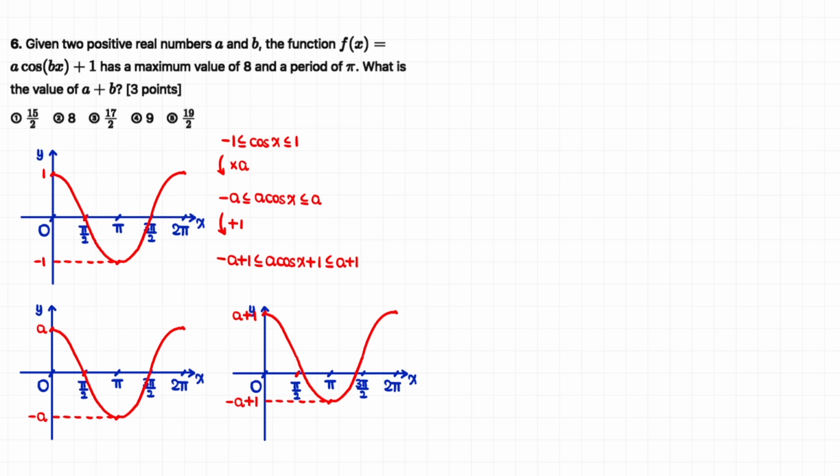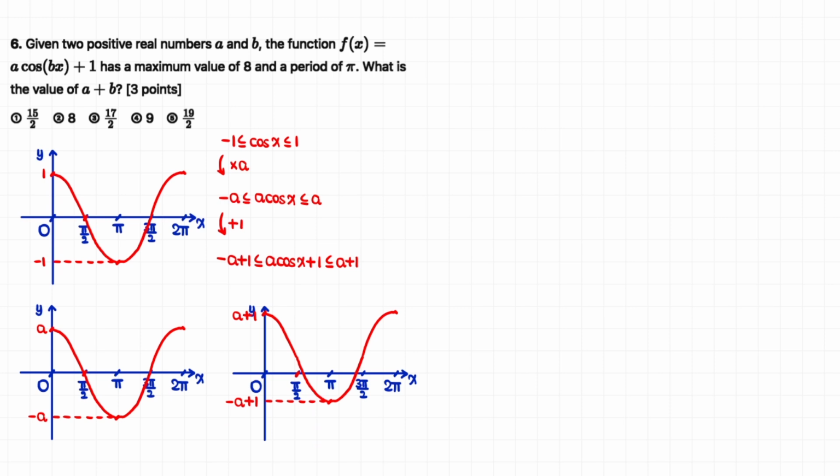But if b is less than 1, then the graph actually stretches out instead of getting compressed. We don't know for sure because they didn't tell us whether b is greater than 1, less than 1, or equal to 1. It depends on the value of b. But for now, we can just understand that there's a change in the period. That's the main idea. The period changes depending on b.